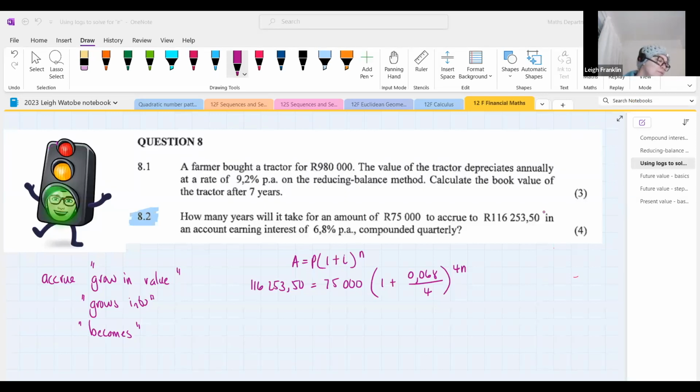Where, help me here, Yolanda, you pay a deposit and then you pay something off, like if you buy a fridge. What's that called? It's like a lay-by.